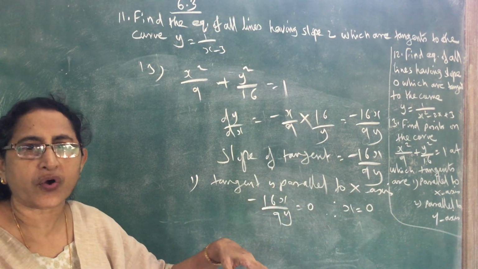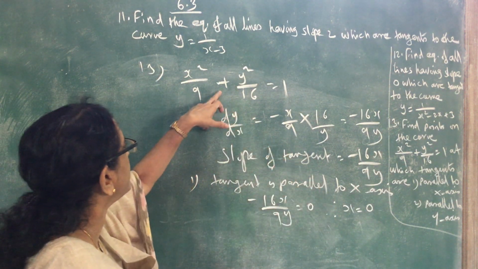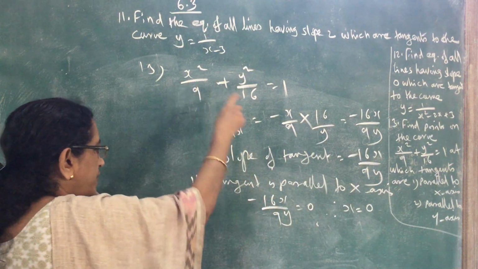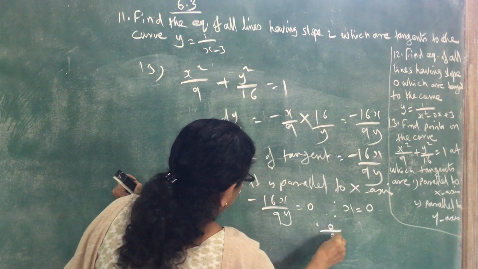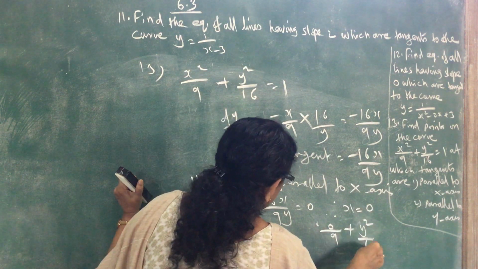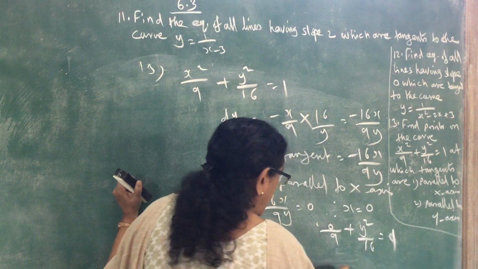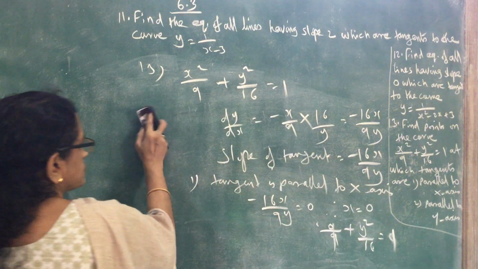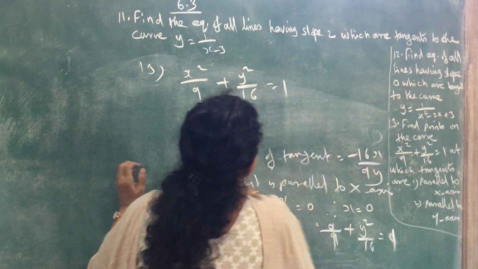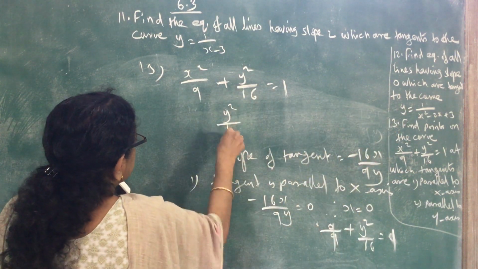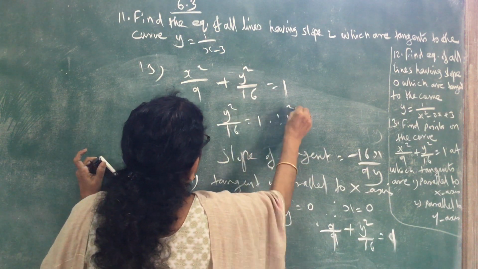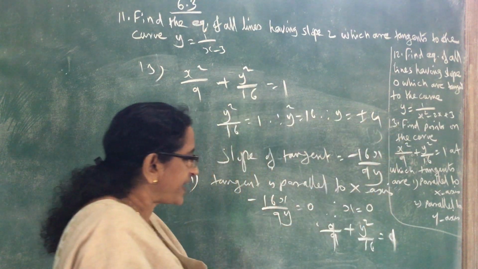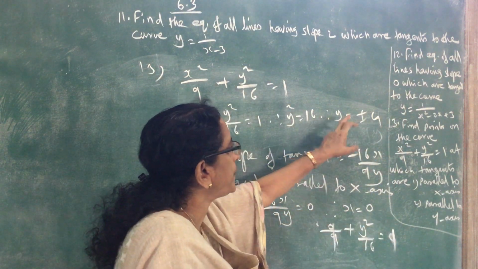Now we have to find the y coordinate, substituting x equal to 0 in the given equation of the curve. Therefore 0 by 9 plus y square by 16 equal to 1. Therefore y square by 16 equal to 1, so y square equal to 16. Therefore y equal to plus or minus 4. So the x coordinate is 0, the y coordinate is plus or minus 4.